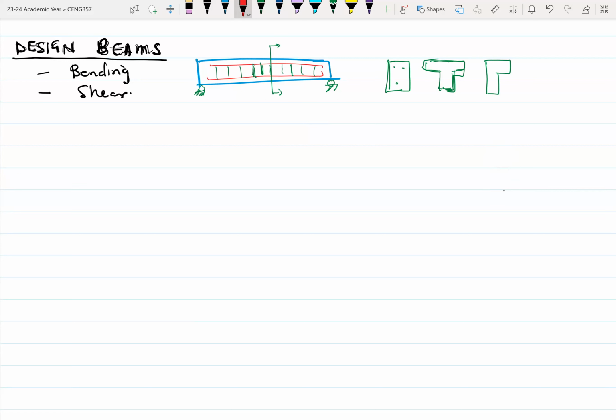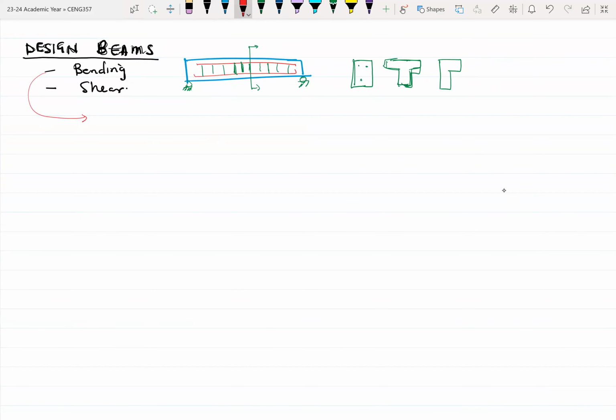And bending failure occurs in a tension zone.